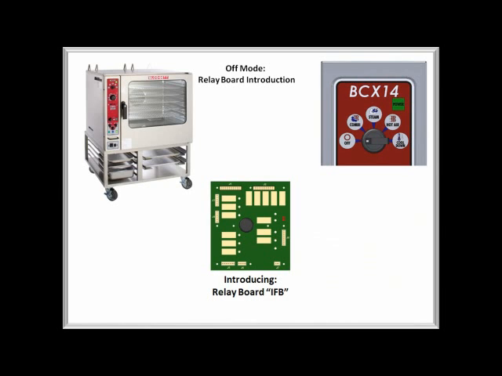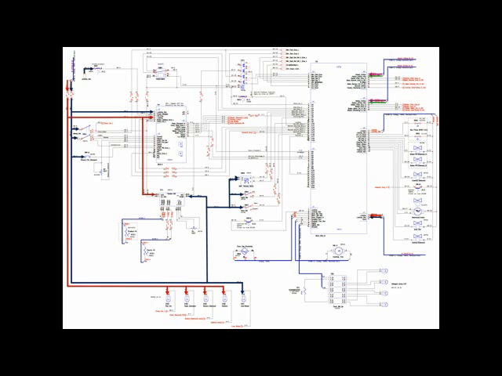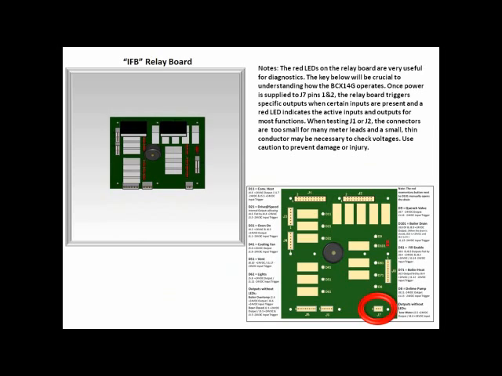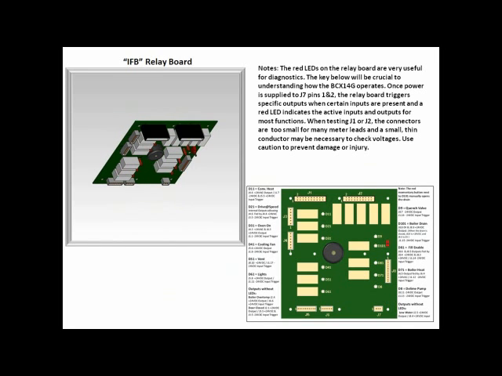The relay board is labeled IFB on the diagram, short for interface board. Earlier we showed the 24 volt DC supply to J7. This is the power supply to operate the relay board.